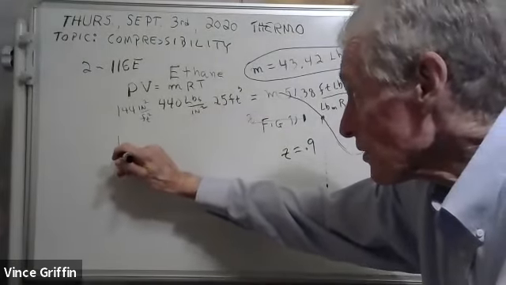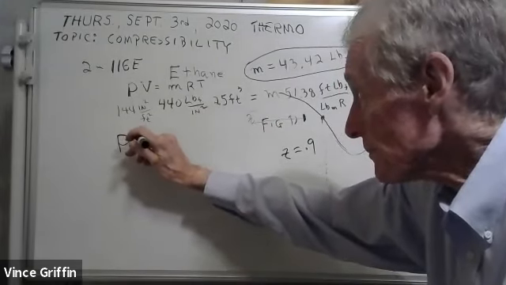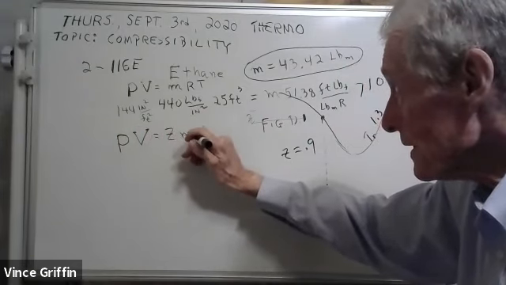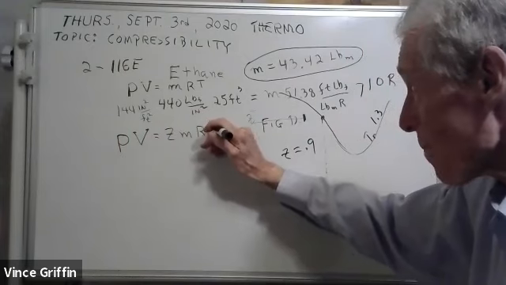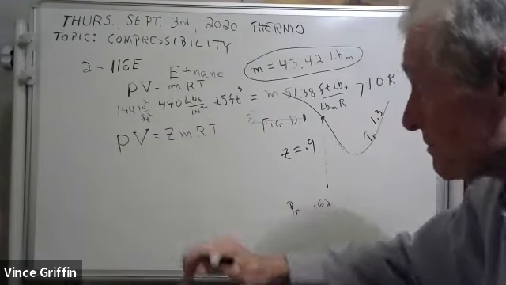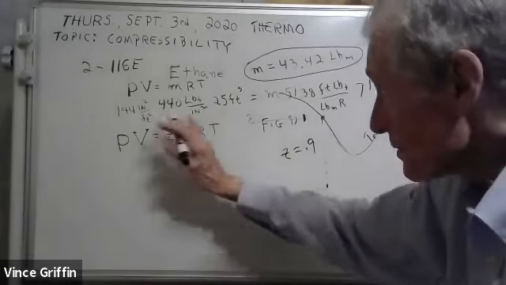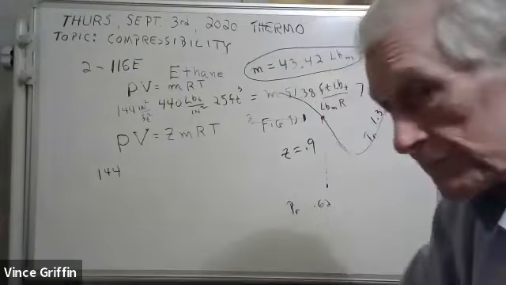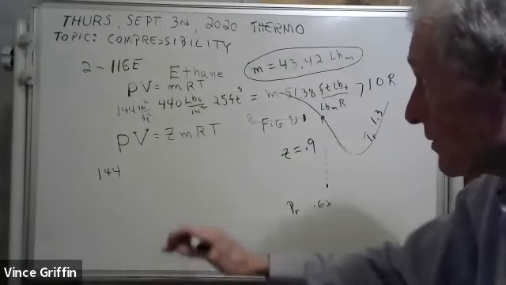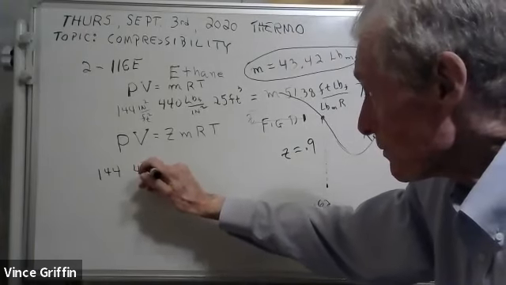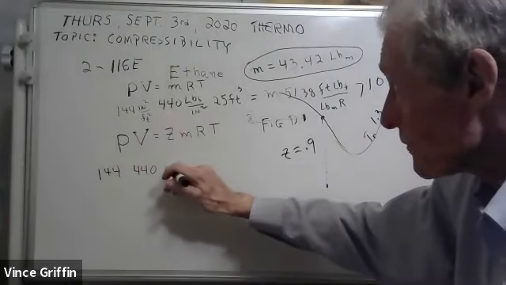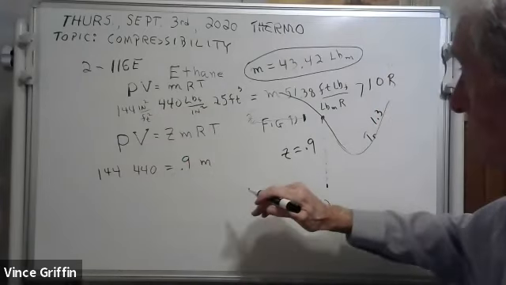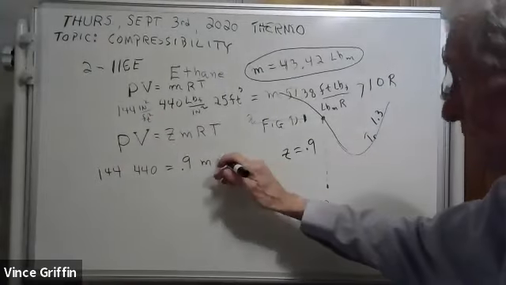Now what we're going to do is we're going to go PV, that's a big V now, equals ZMRT. But we know what Z is. In fact, we know what all this stuff is. We know we have to have a 144, and we know the pressure is 440. I've got the units all right here. The Z is 0.9, and the R is 710.